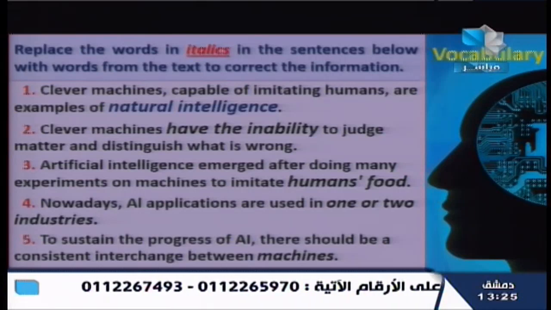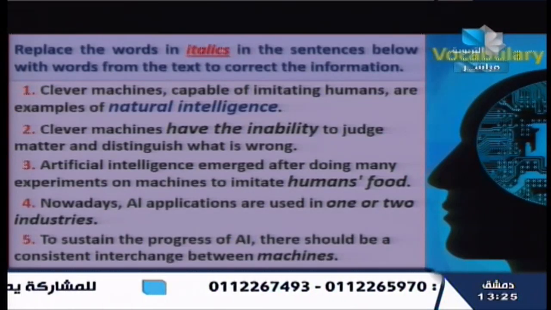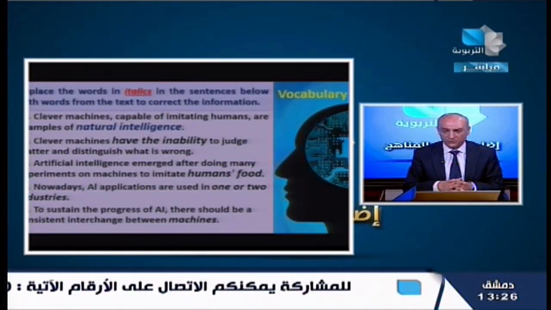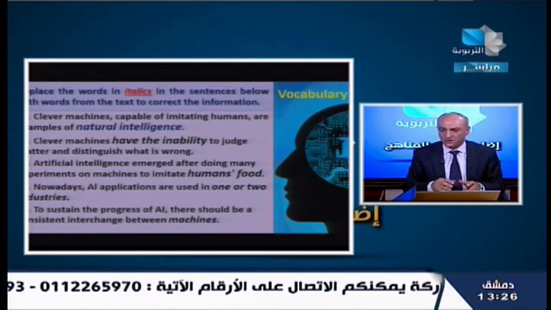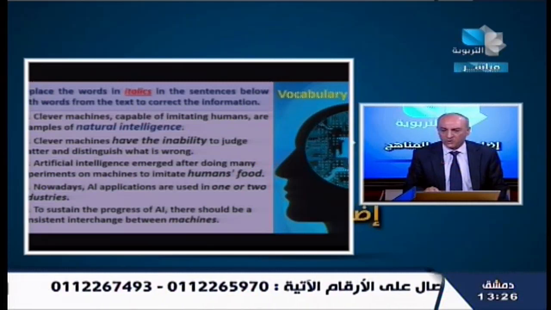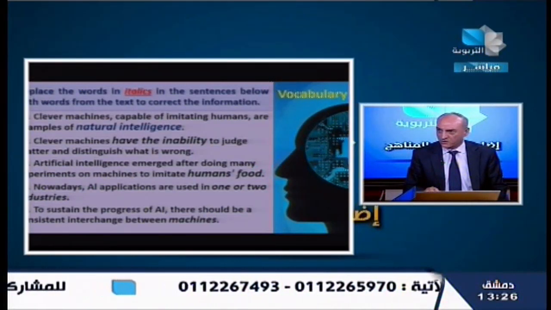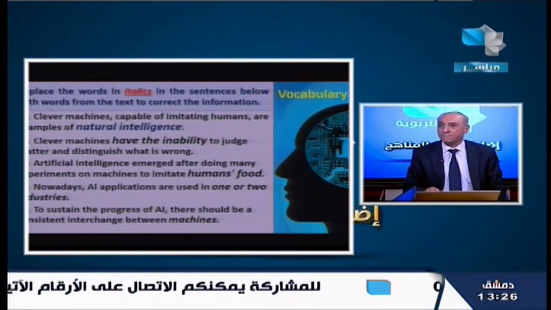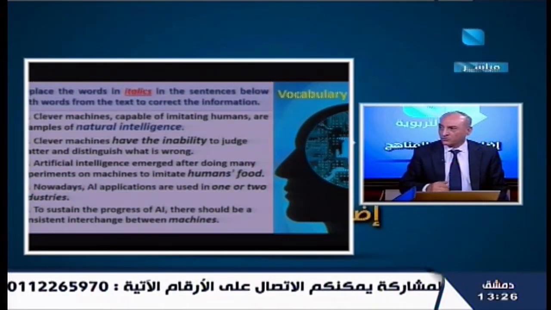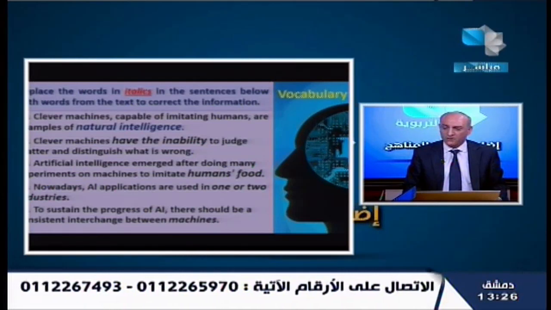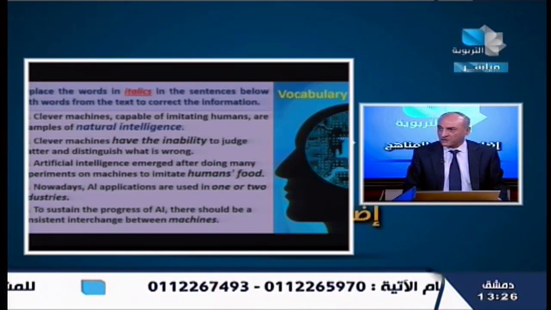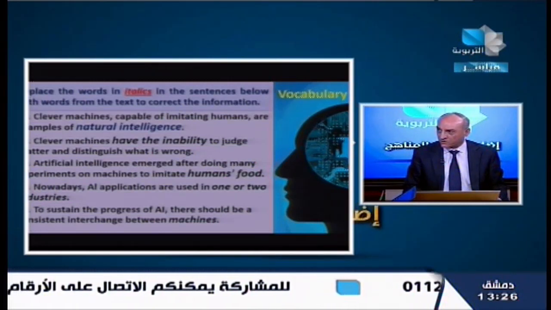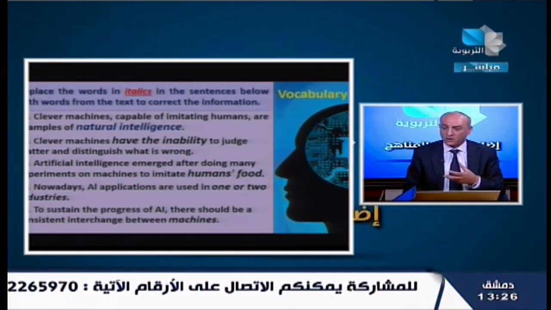Now we have a different exercise, I think. Here we have to replace the words in italics in the sentences below with words from the text to correct the information. So this is what I mean. Students are expected to know all the meanings of words in the reading text and know how to use them in different structures. So here they need to correct the information.